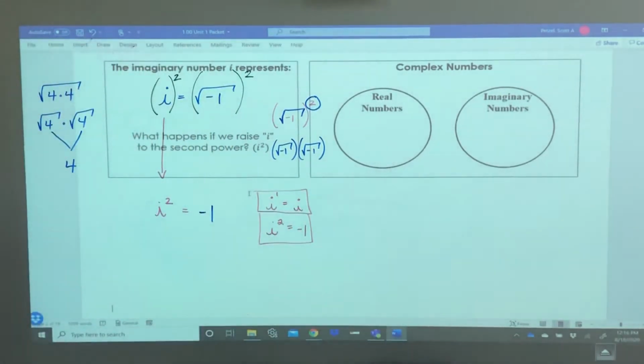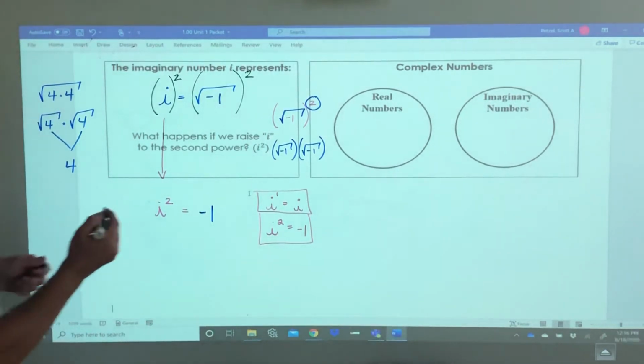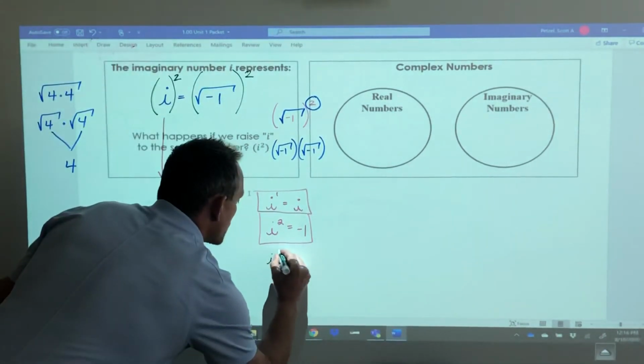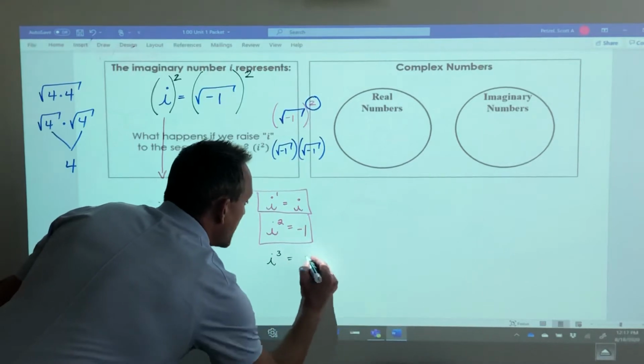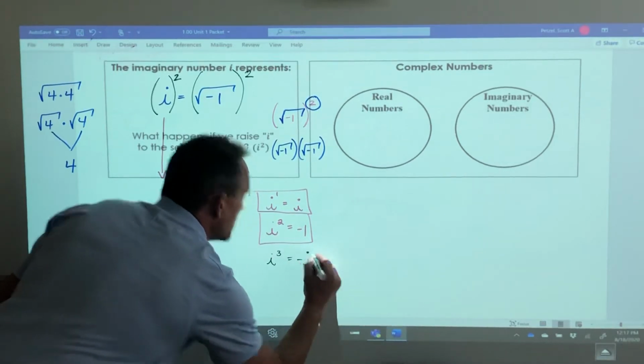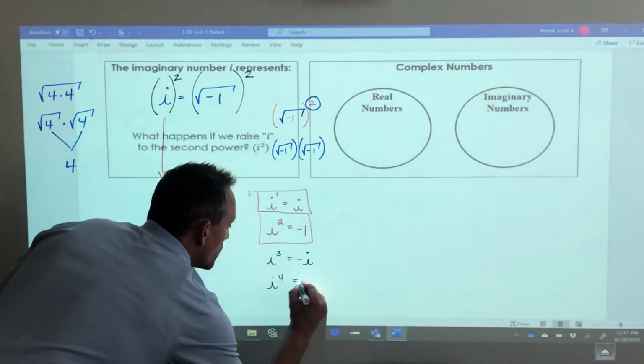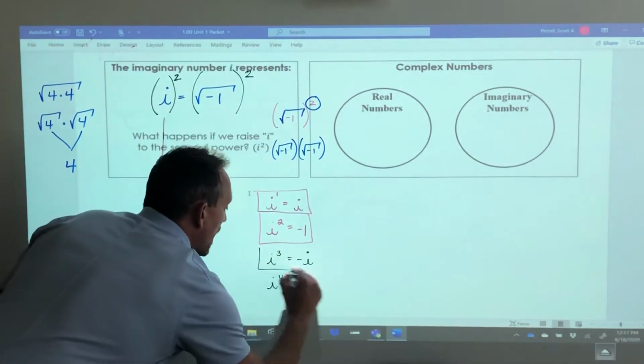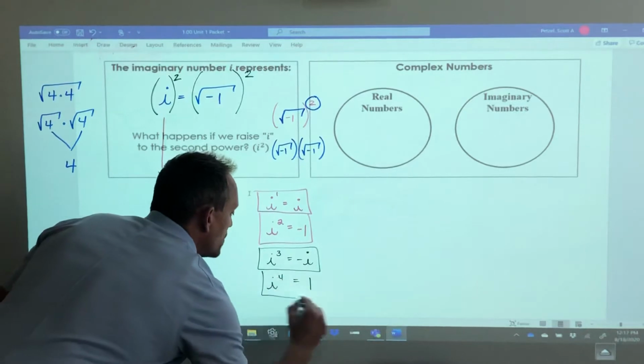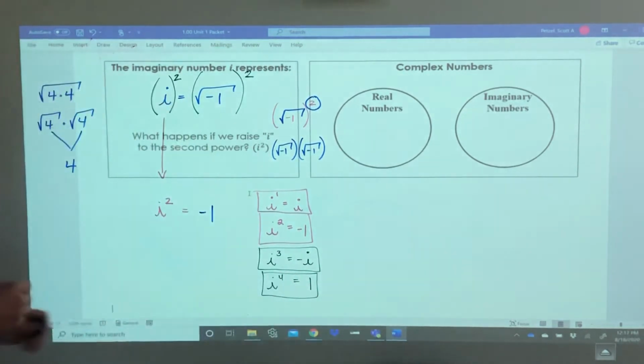The next ones will be i to the 3, and that equals -i, and i to the 4, which equals 1. I'm not sure if we're going to do these just yet, but if we do, we're going to need to know them.